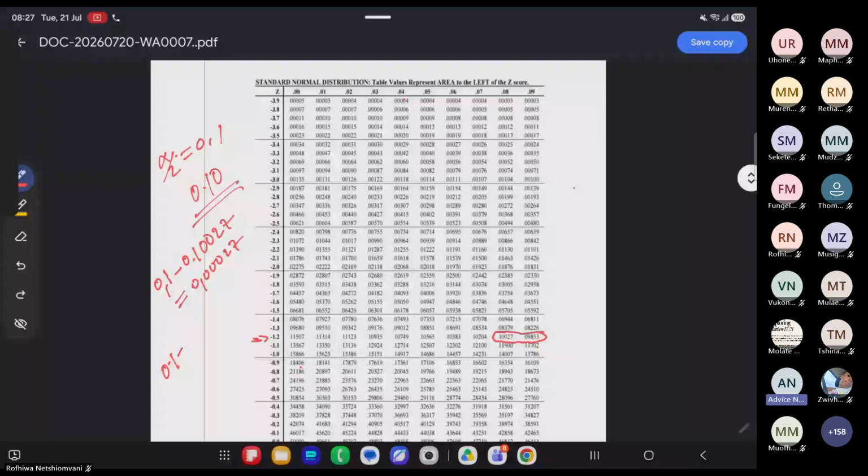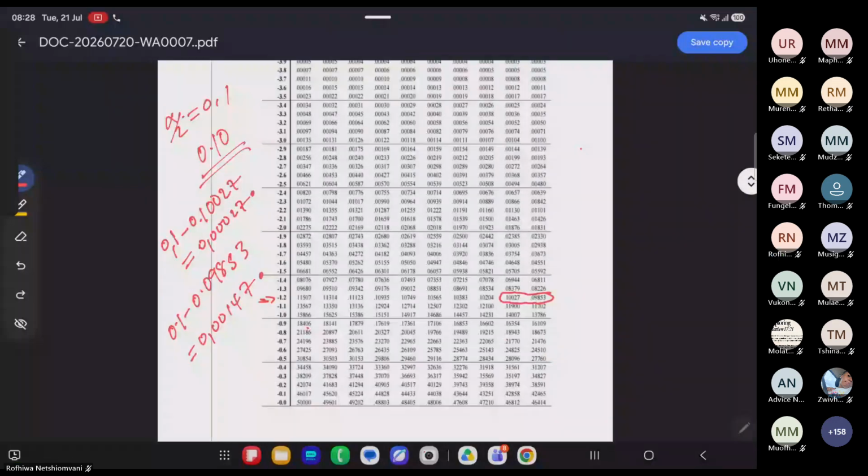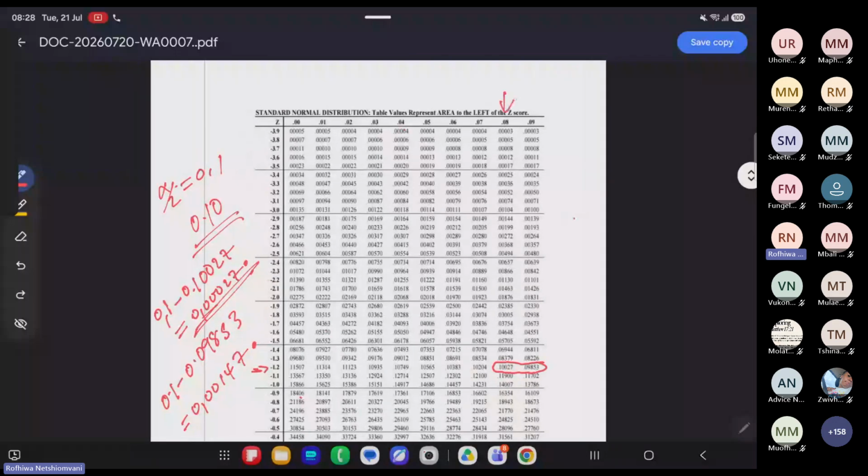Like that. Now, out of the two, which one is the smallest? The first one or the second one? The first one. This is the lowest, where we find it at 8.